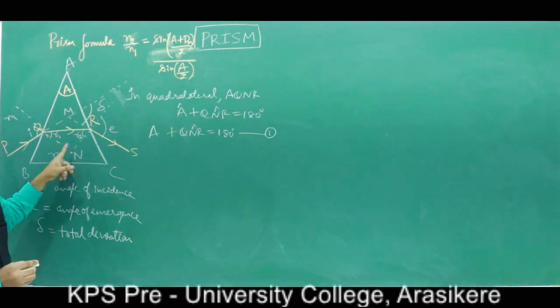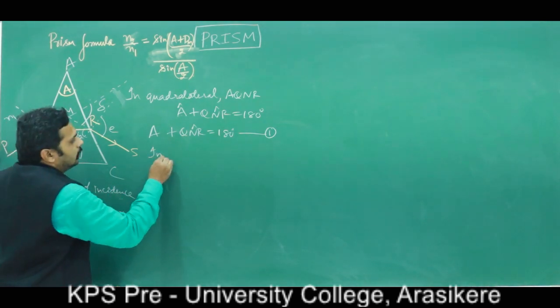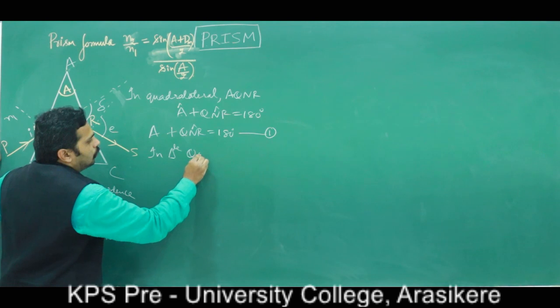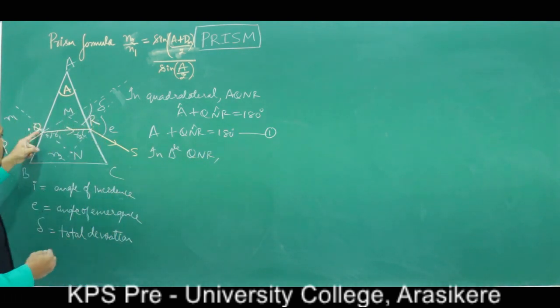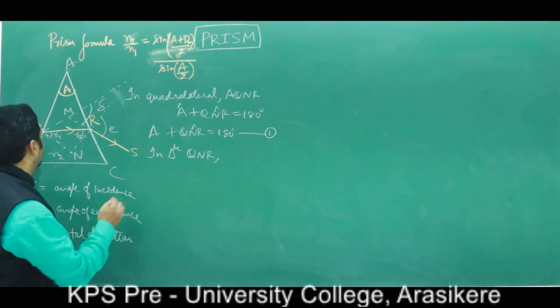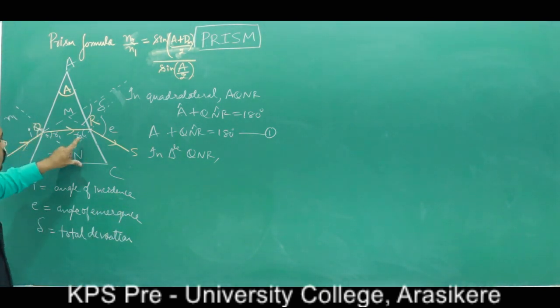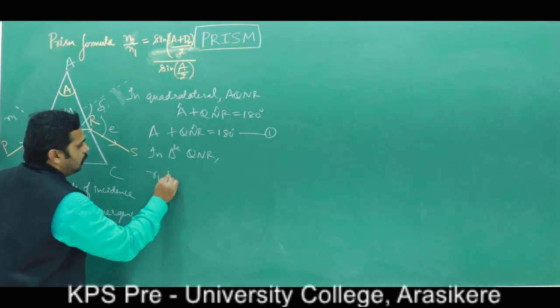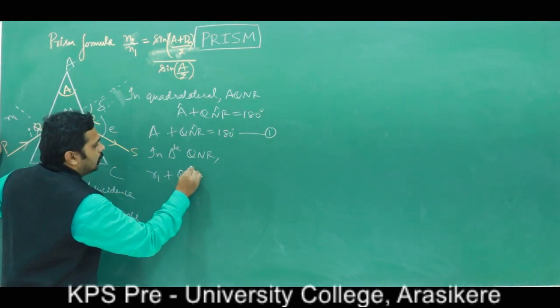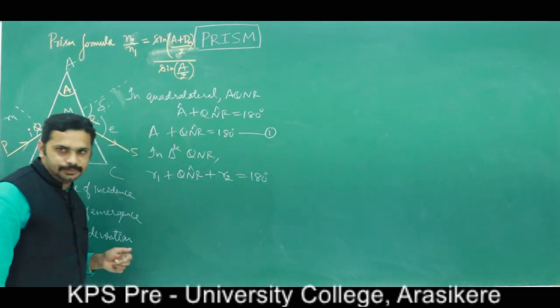Now take the triangle. In this diagram, the triangle is QNR. In triangle QNR, the sum of three angles is 180 degrees. Which are the three angles? R1 plus angle QNR plus R2. R1 plus QNR plus R2 is equal to 180 degrees.